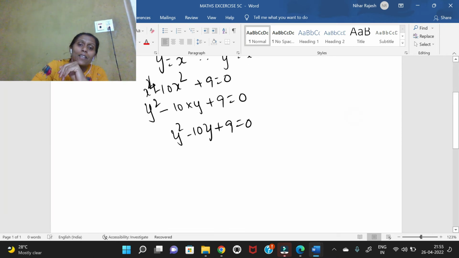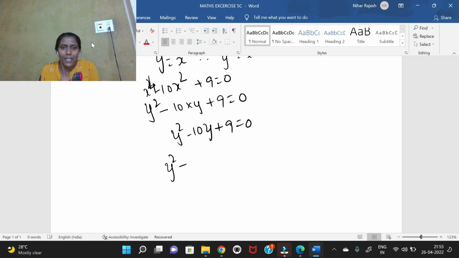Now, it is up to you to apply the factorization method, or you can also go for applying your formula method. Here I will do one thing. Let me take you through factorization. y square minus 10y plus 9 is equal to 0. Out of this term, y is out, y minus 9 goes in.